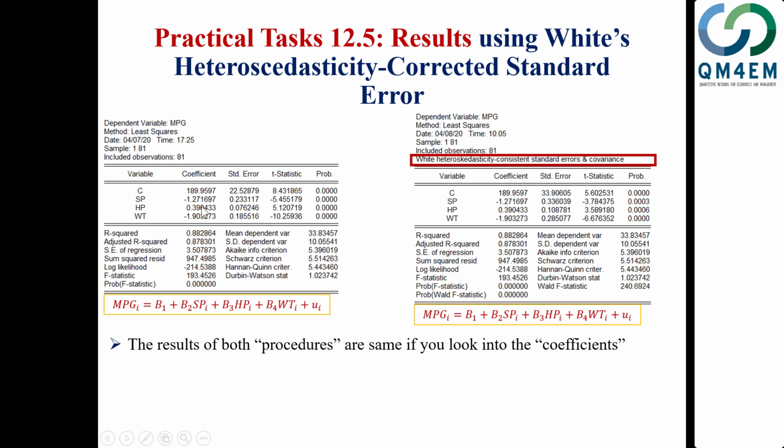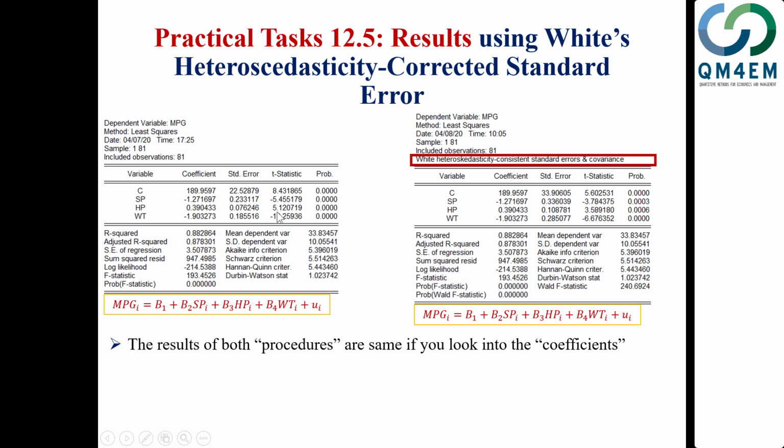What is different is the standard error. Look at the standard errors on the left side and on the right side. They are different values. Now we would trust the result of the White heteroscedasticity-consistent standard errors and covariance, and you can see that the probability values and t-statistic values are different in both. Why are they different?